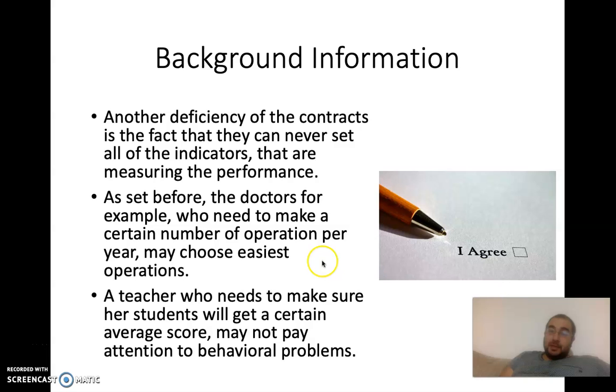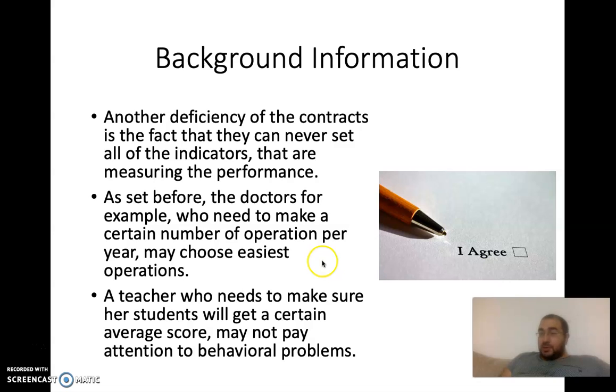And in other cases, for example, when a job is a multidimensional thing, like teaching, the contract might set certain pay attention to certain aspects of the work. For example, for teachers, the test scores.